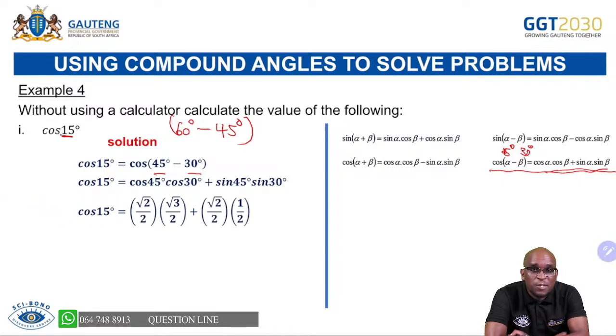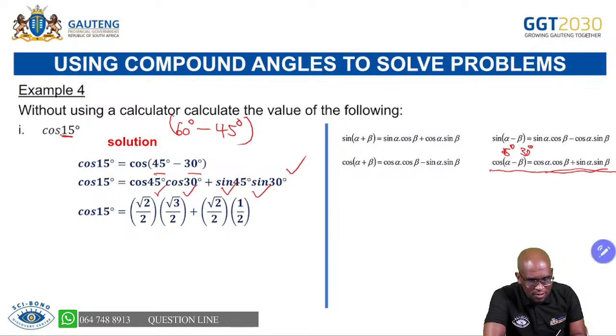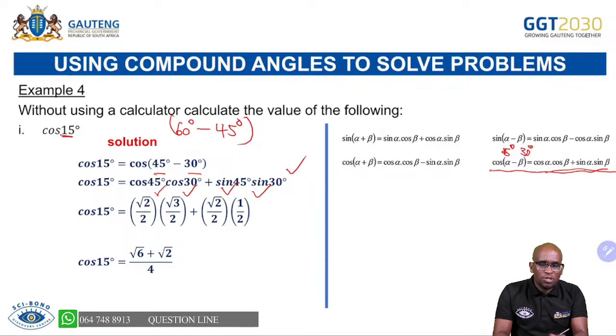Then from there, these are special angles, so they yield special ratios. We've determined those ratios there. You are going to get a mark for this expansion, and a mark for each special ratio. Then you simplify further. The cosine of 15 is square root 6 plus square root 2 divided by 4.